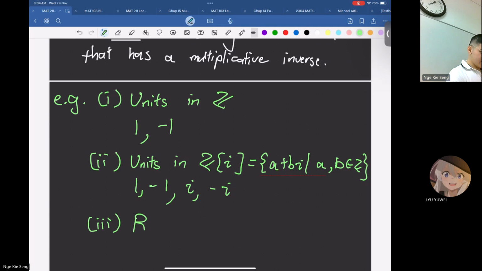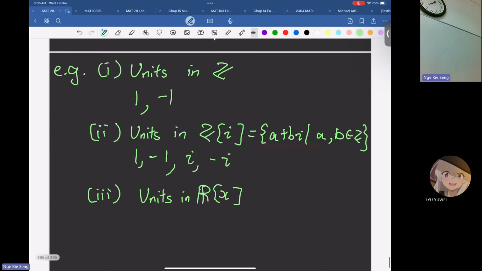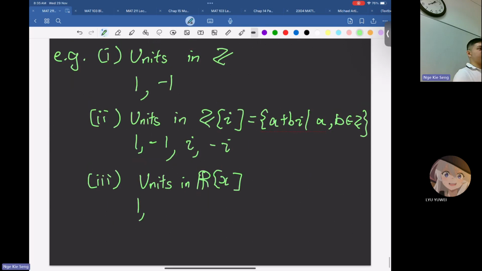How about the polynomial ring? What are the units in R[x]? Do you know how to multiply polynomials together? You just distribute, right? So what are the units in here? Sure, 1 is in there. What else?